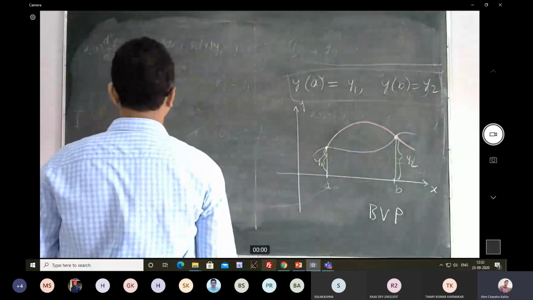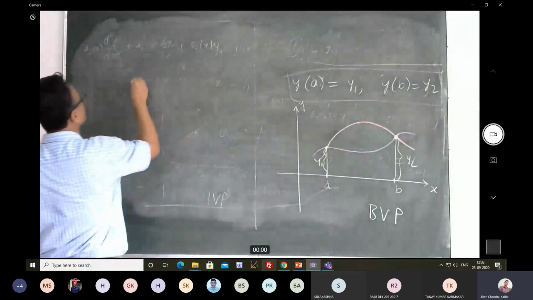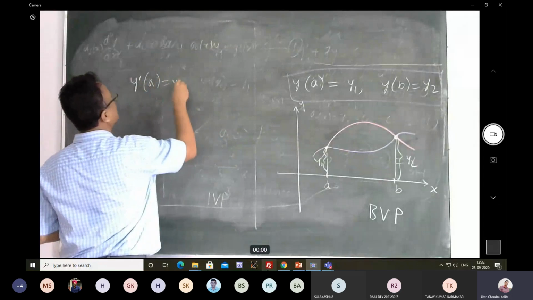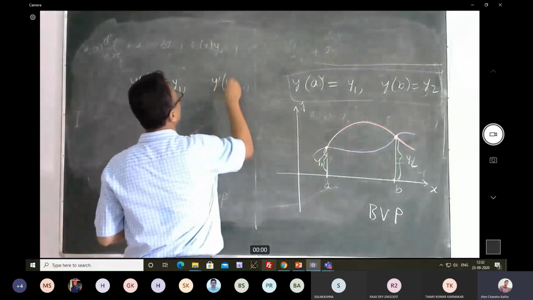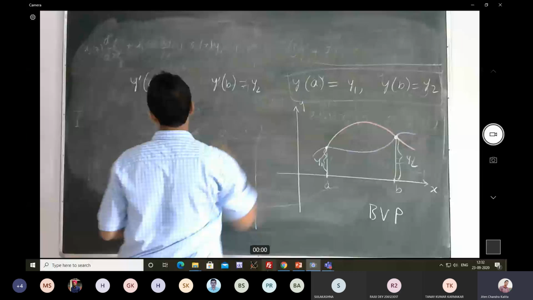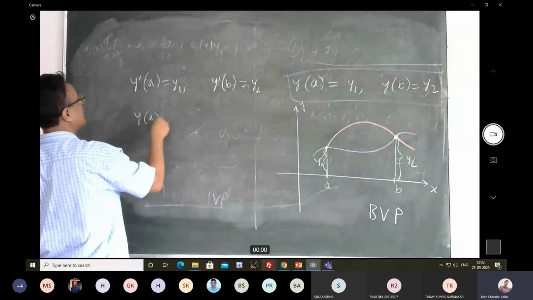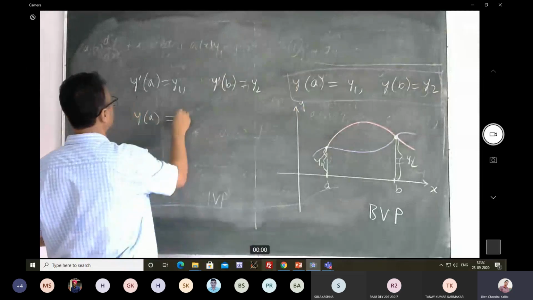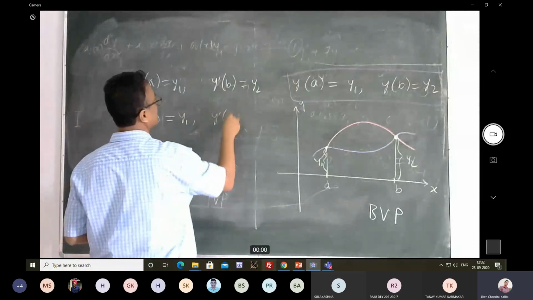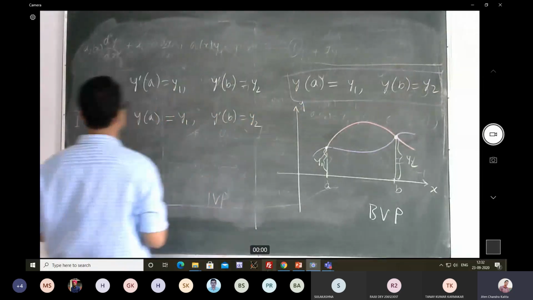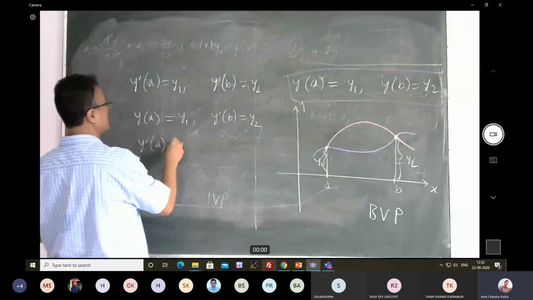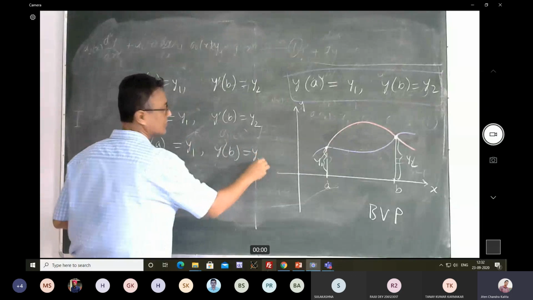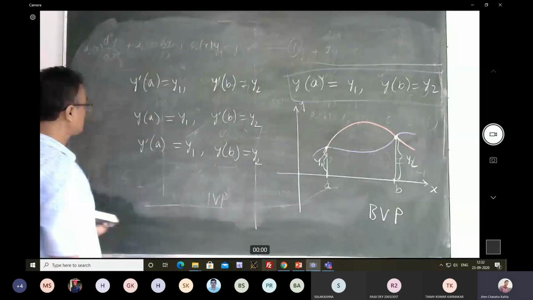Now your boundary condition may be something like this: y prime a equal to y1 and y prime b equal to y2. It may be something like that. I'm talking about possible boundary conditions apart from this.